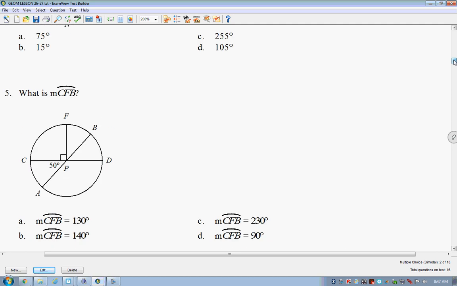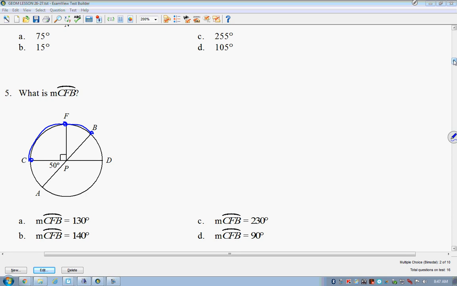Okay, let's look through here. This is the type of question you would see on a test. What is the measure of arc CFB? So what I wanted to look at is what are we actually talking about here? There's CFB. I want to know what that measure is in degrees.